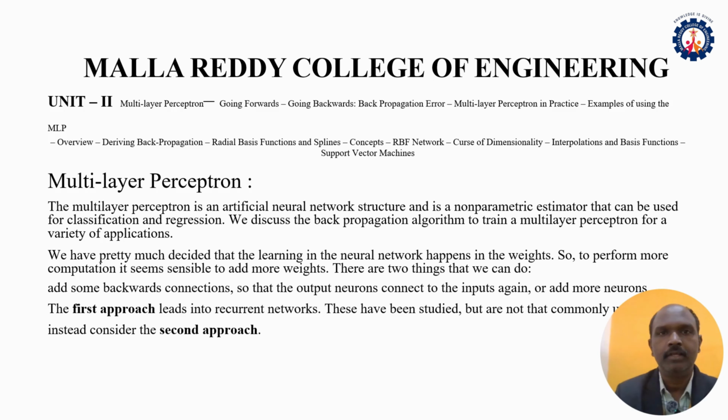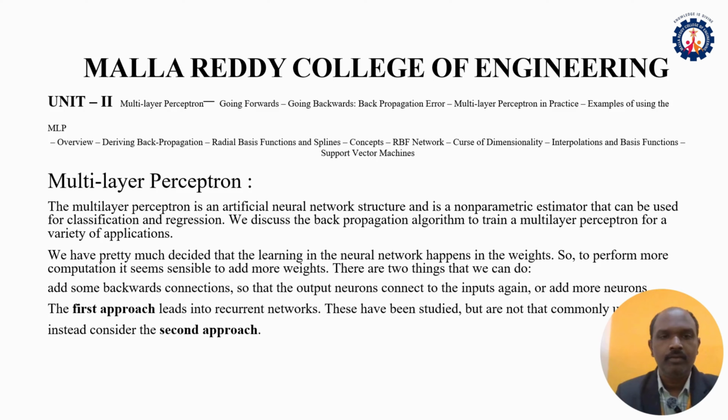Whereas in the multi-layer perceptron, how the classification and regression are trained for particular data sets, we can discuss here. So if you want to train the algorithm, the multi-layer perceptron has a variety of applications, so we have divided the transformation of data into classification and regression models.